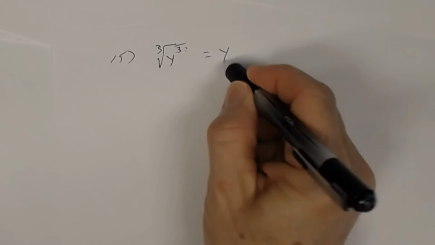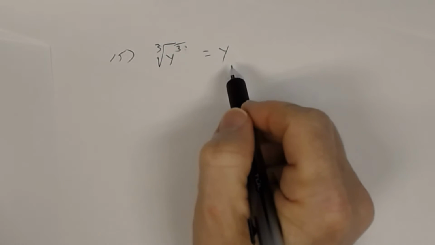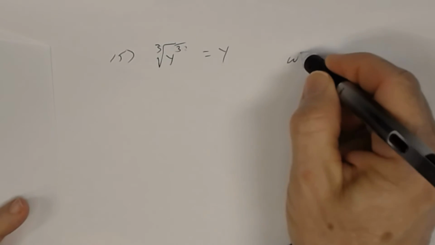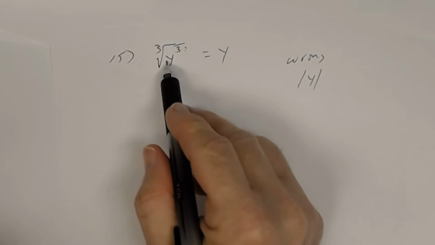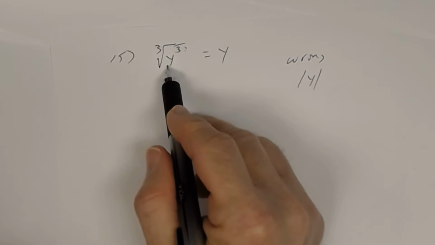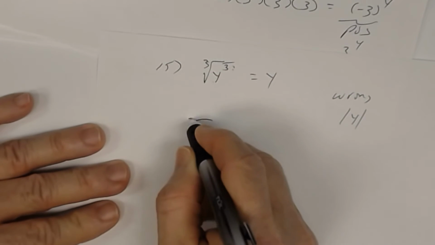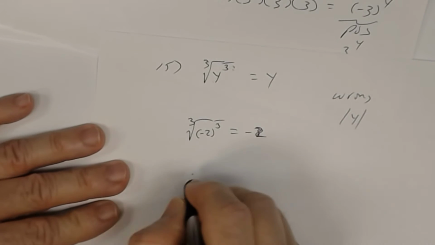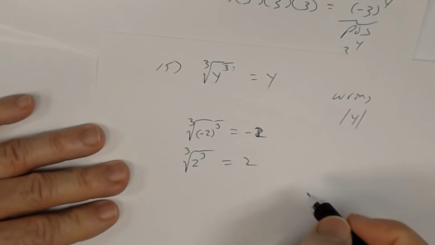So this is going to be y. Now remember, let's see why the absolute value is not needed. Now some students, they just put absolute value all over the place. You don't do that. See, it's wrong to say this, because y could be negative. We saw that a while ago. Look, let me go ahead and write this. So watch. If I have the cube root of negative 2 cubed, you know the answer is negative 2. If I have the cube root of 2 cubed, you know the answer is positive 2.